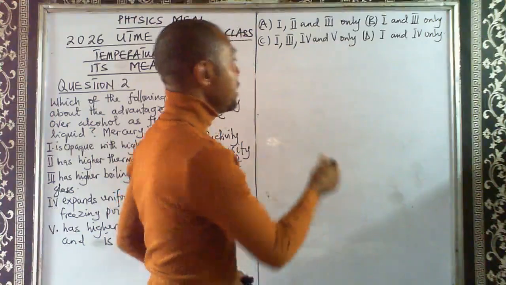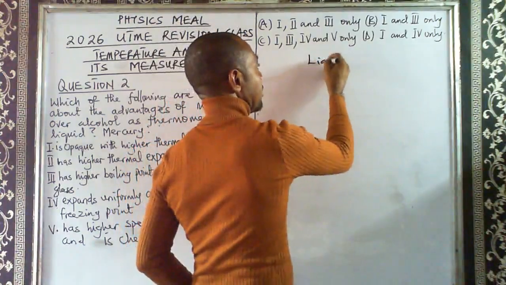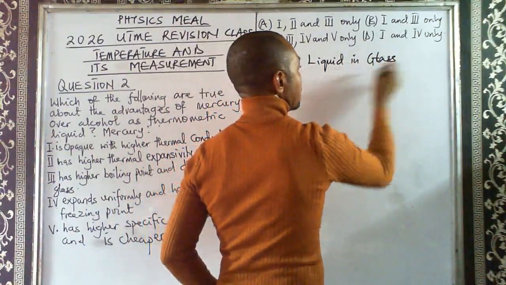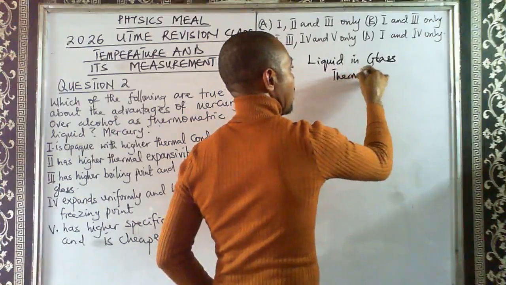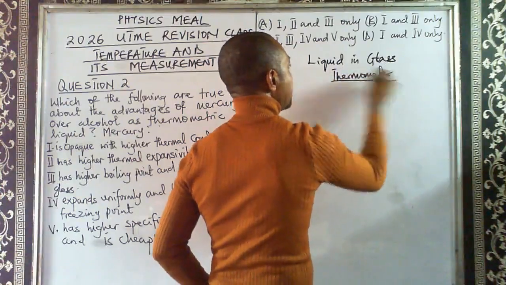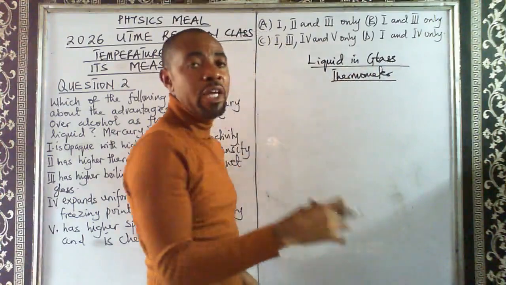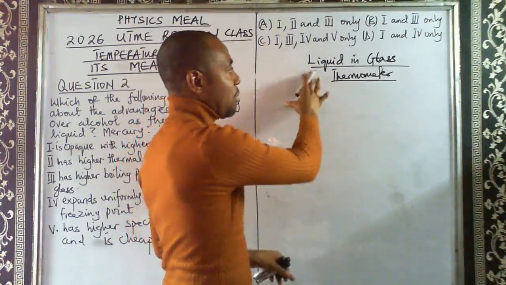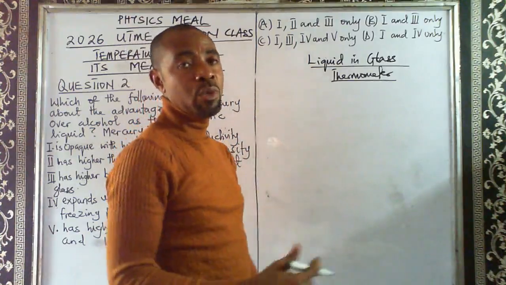So in the liquid in glass thermometer, the thermometric substance here is a liquid. So a liquid is used as the thermometric substance in the liquid in glass thermometer.